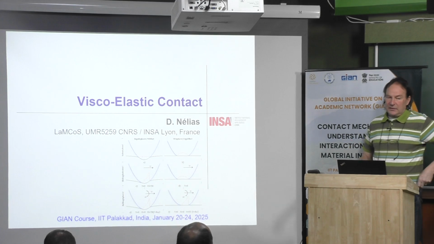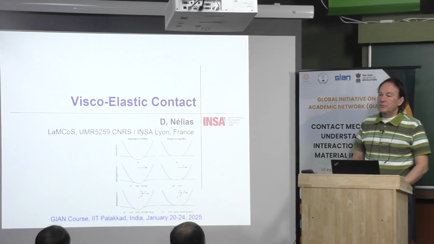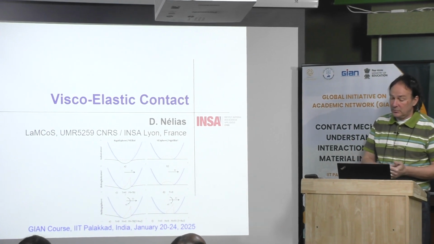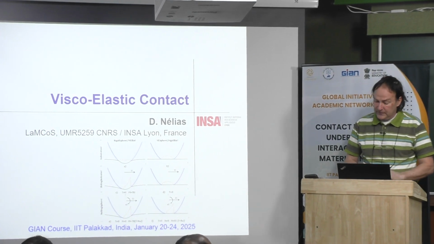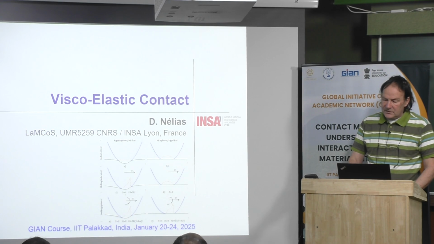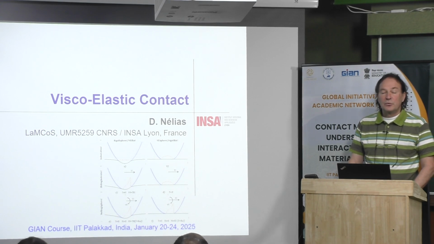Then I would like to start with viscoelastic contact modeling. It can be used for polymeric bearings, for example, or for rubber contact. Then I will present some results when one homogeneous body is viscoelastic.